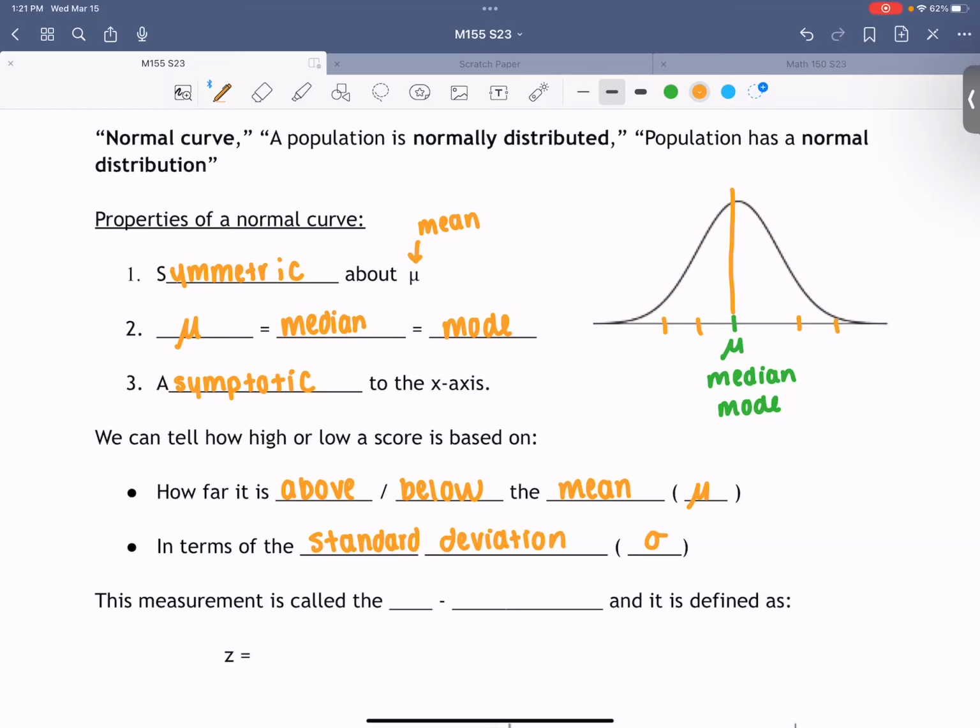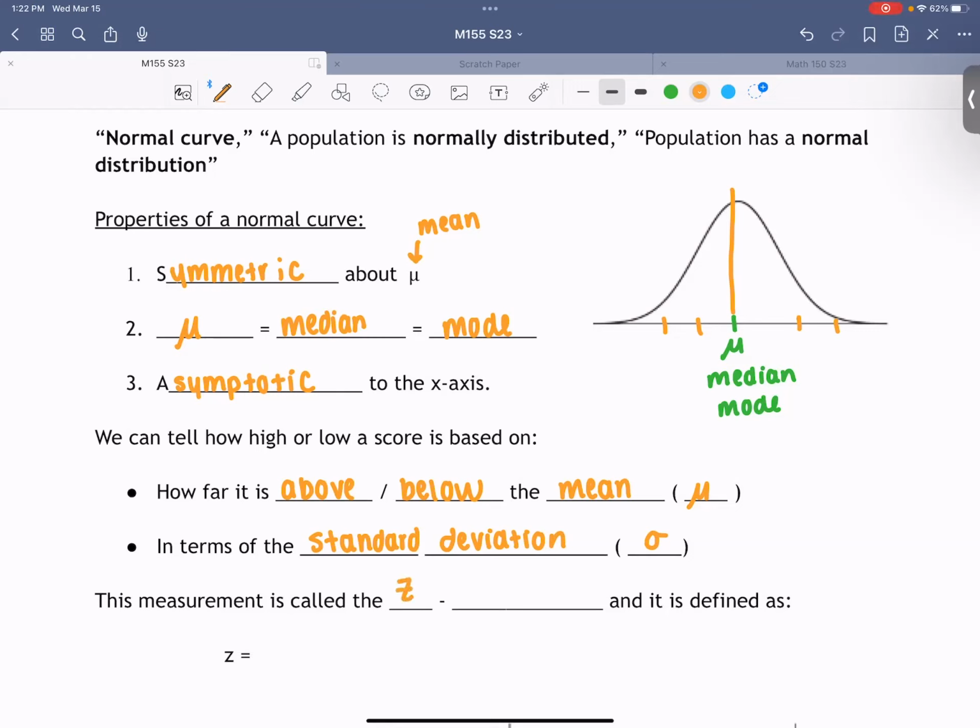Now, I think we remember, we were able to take a score and say, oh, this is 3.5 standard deviations below the mean, or it's 0.6 standard deviations above the mean. Does anyone remember what that measurement was called? The z-score, right? The z-score told us how far above or below we are from the mean.